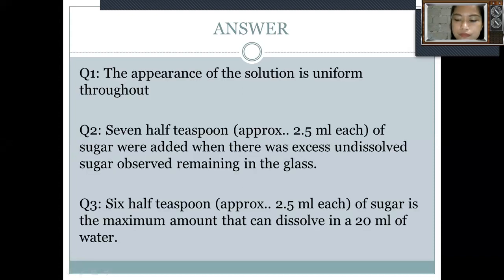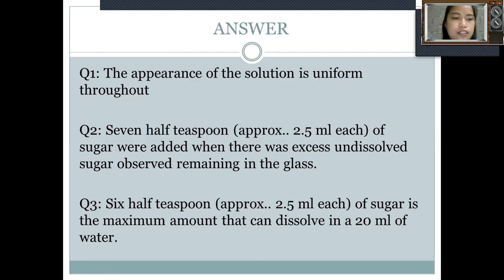Okay. So in question number 1, we found out that the appearance of the solution is uniform throughout. Uniform, which is clear and transparent. In question number 2, we use different apparatus, so maybe what I have done is different from what you have done.